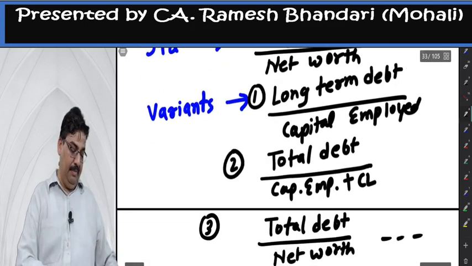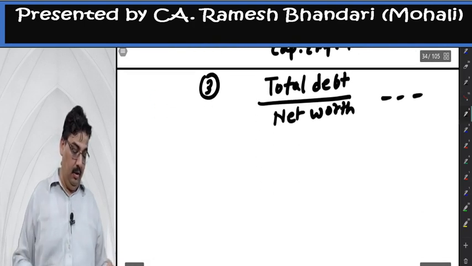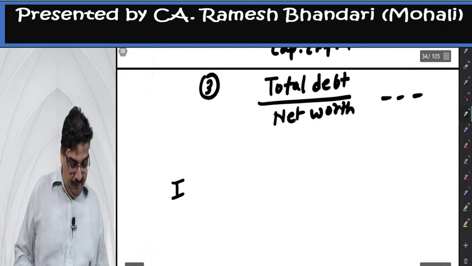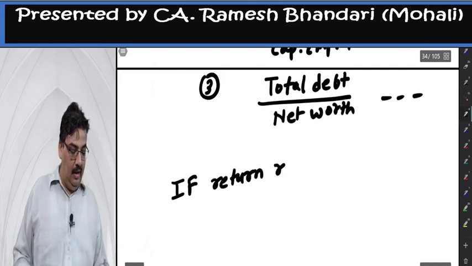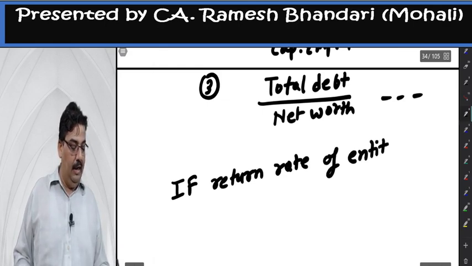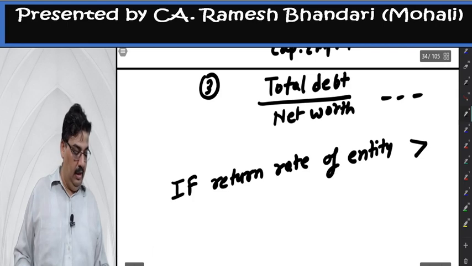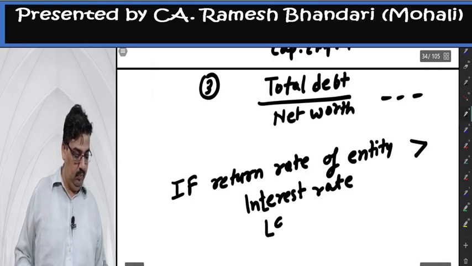It is a simple concept. Let me share. If the return rate of the entity is higher than the interest rate, leverage is good.